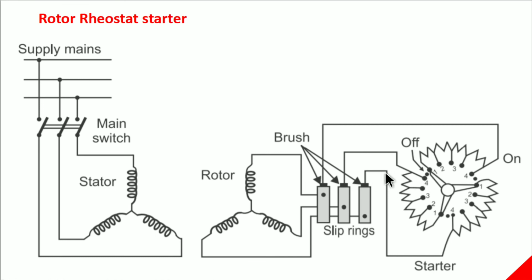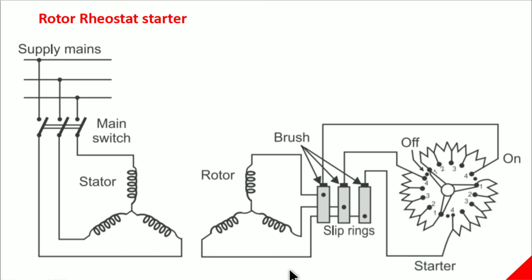Now when this rotor circuit is not connected to any external resistance, that is the motor is in off state, this resistance is not connected in the circuit. Once we move it to point number 1, these three arms are rotated simultaneously. Now as shown here, these are moved to number 1. So through number 1, from here this resistance is added in this phase, which is further connected to second phase.